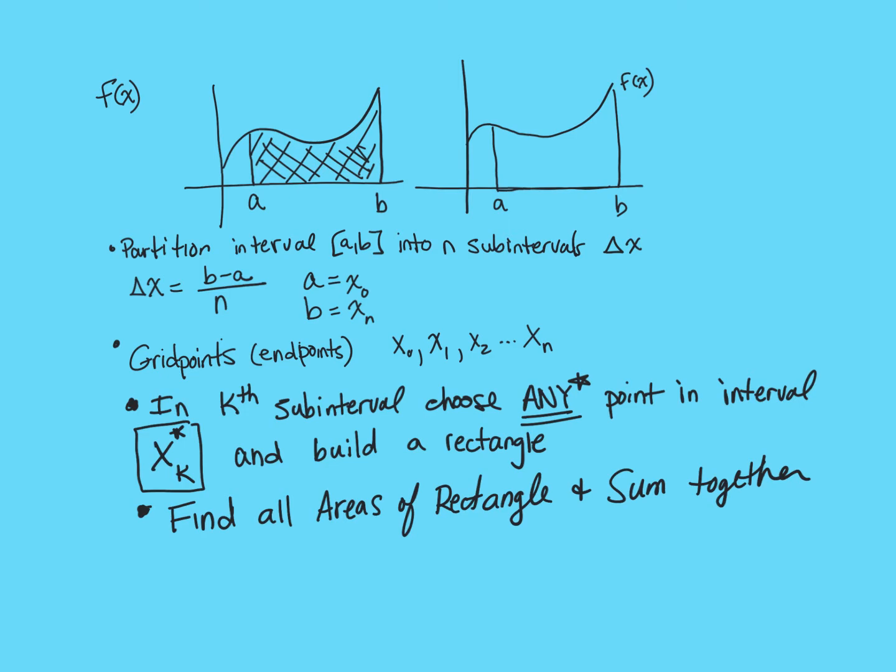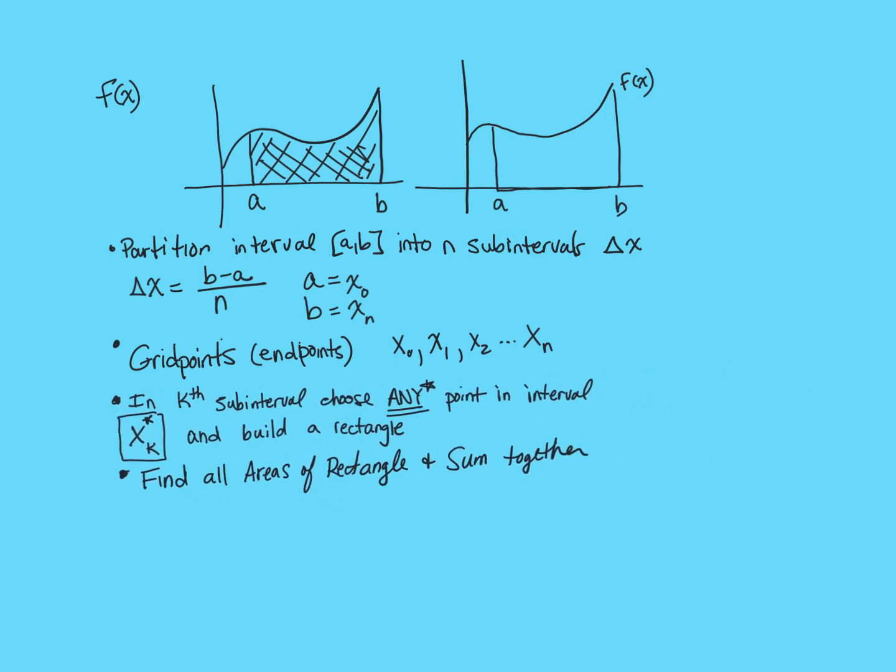That is going to look like f of x sub 1 star times delta x, plus f of x sub 2 star times delta x, all the way up to f of x sub n star times delta x.